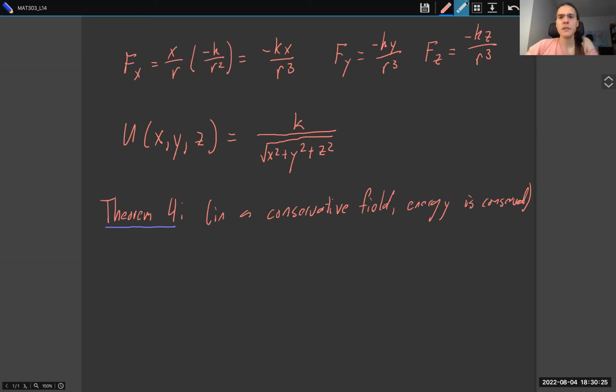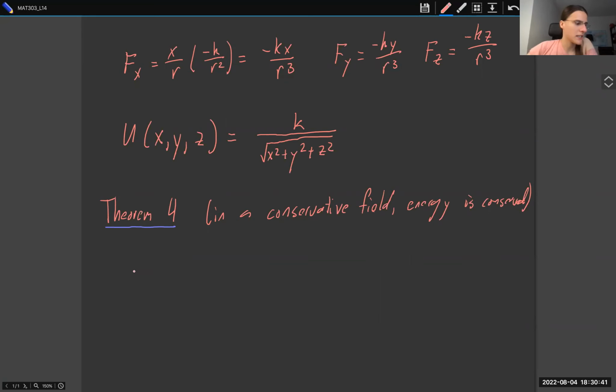And what energy means is the sum of kinetic plus potential. So let's see how we prove this.